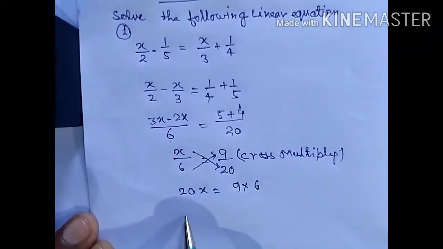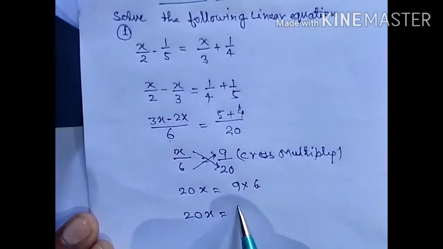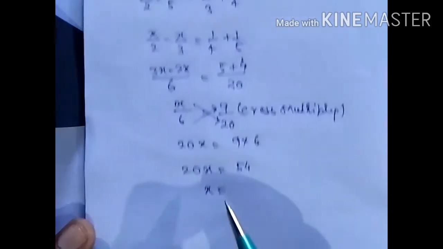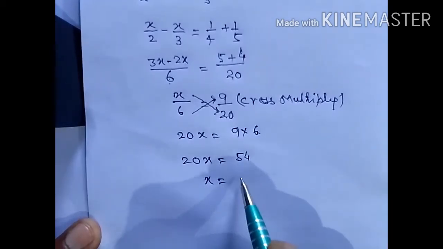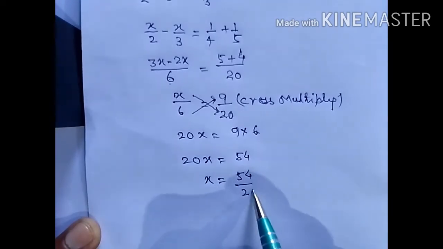So 20x is equal to 9 6s are 54. Now the value of x will be 54 by 20.